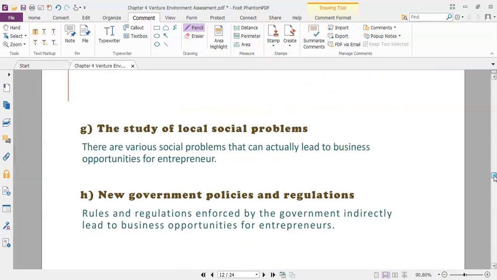G, the study of local social problems. So there are various social problems that can actually lead to business opportunity for entrepreneurs. Apa dia local social problem? Kalau sebelum ni, social problem, for example, many of the teenagers smoking a cigarette.